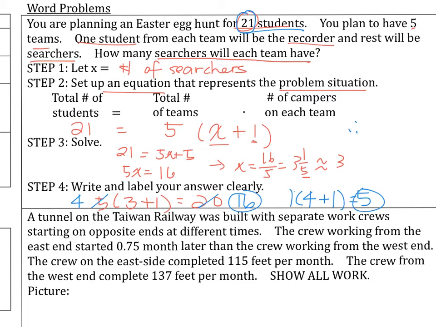Therefore, you would have 4 teams with 3 searchers and 1 team with 4 searchers.